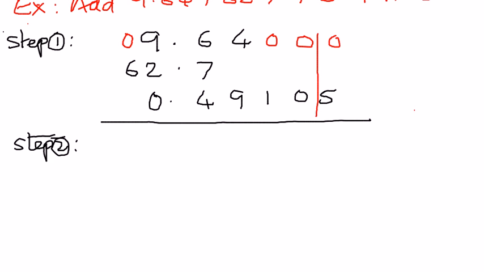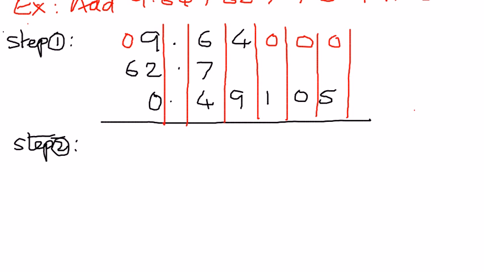So we are aligning these columns. This is our intention, and that way we are then sure that we are adding the numbers in their respective place value columns.